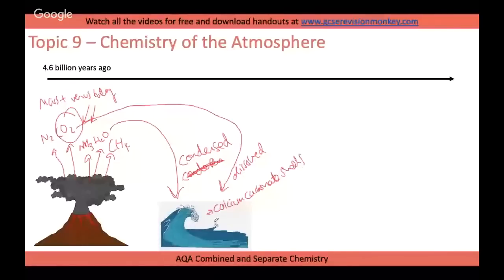Whilst it was being dissolved in the ocean, over millions of years, it would have also been crushed down into fossil fuels. So these calcium carbonate animals that died would have been crushed down and locked up in fossil fuels.